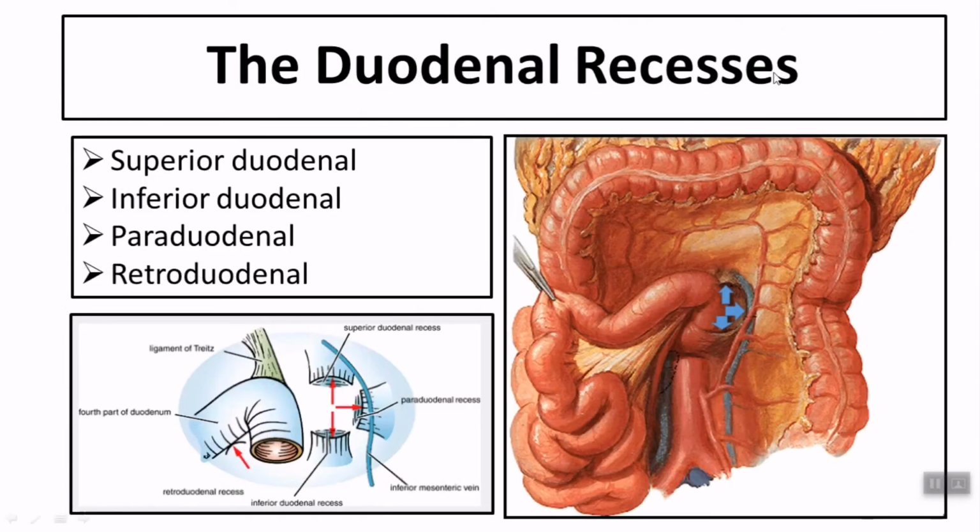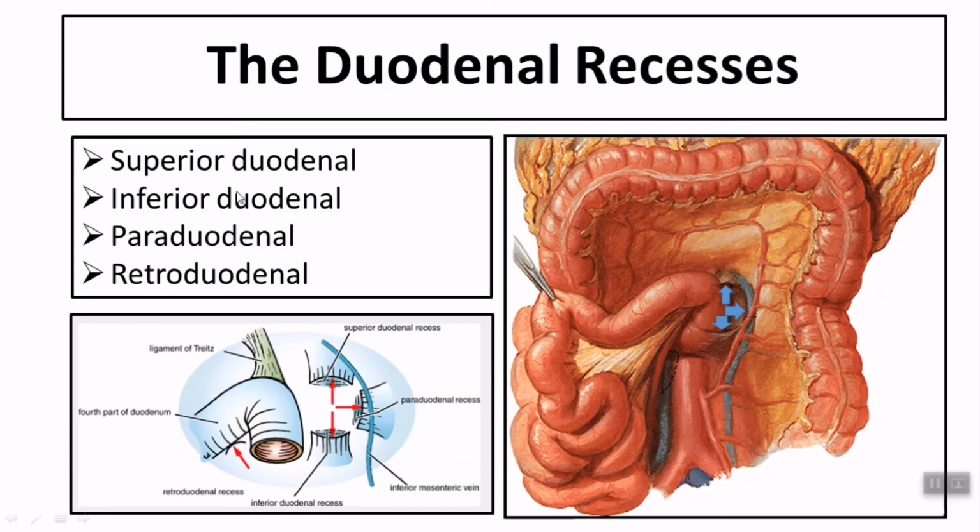The duodenal recesses. At the duodenojejunal junction, the junction between the duodenum and the jejunum, there will be a reflection of the peritoneum, and it will form what we call recesses that lie nearby the duodenum.